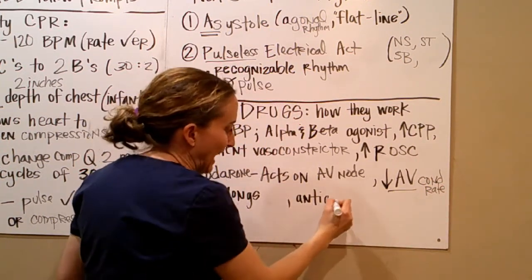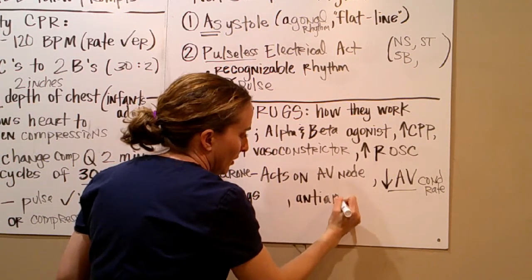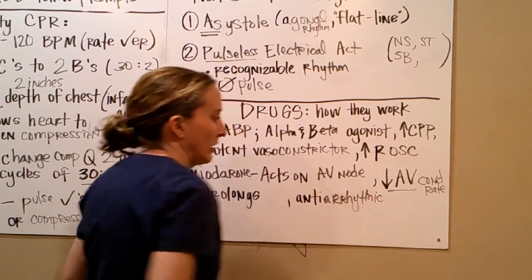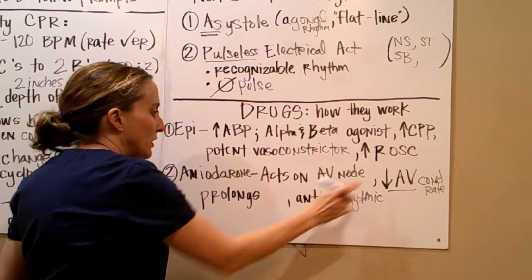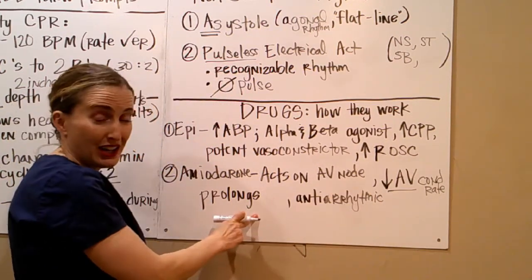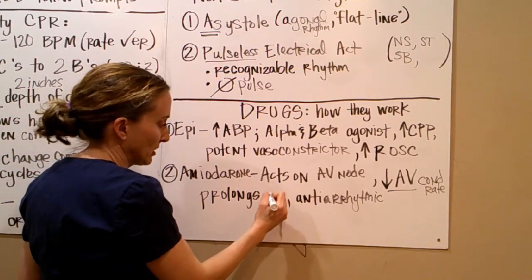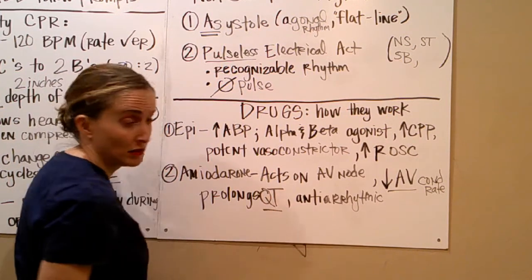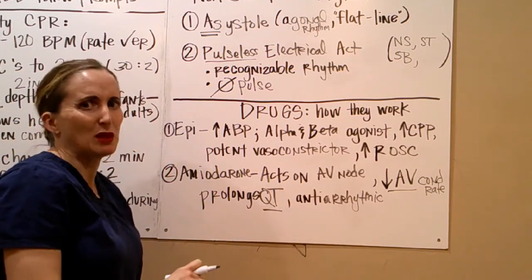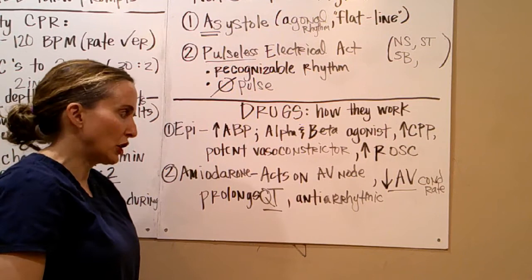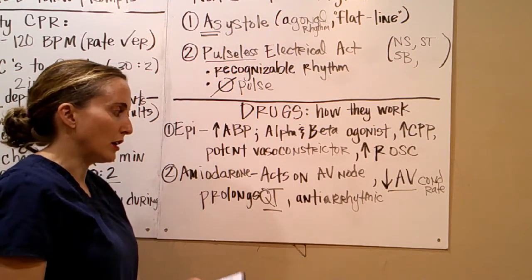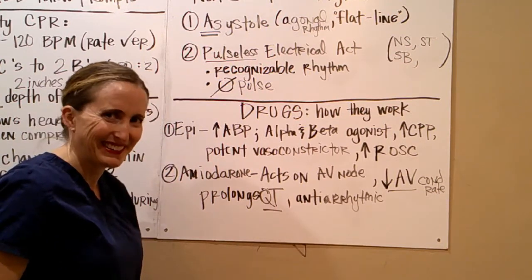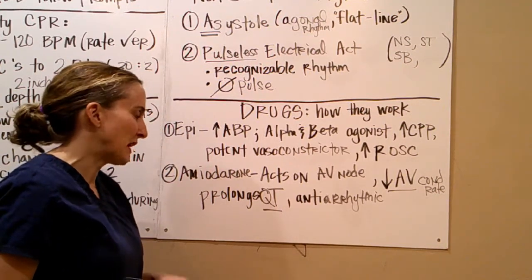It's an anti-arrhythmic, right? Another aspect of it is it prolongs the QT interval. So it's really good to help with an arrhythmia such as VFib and VTach, okay?